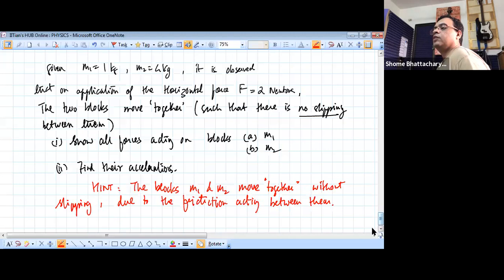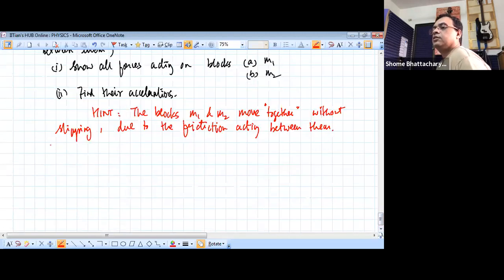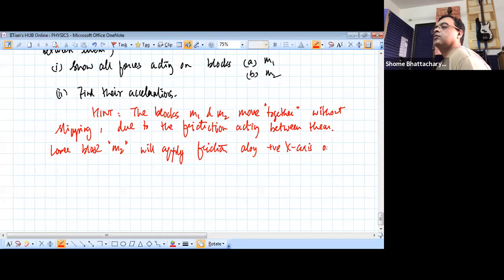And further, you will see that the lower block M2 will apply friction along positive x-axis on M1.